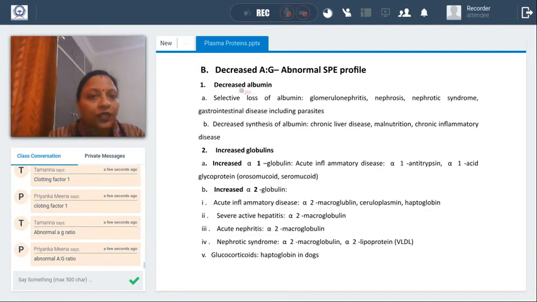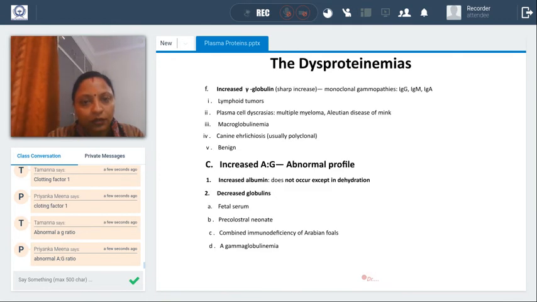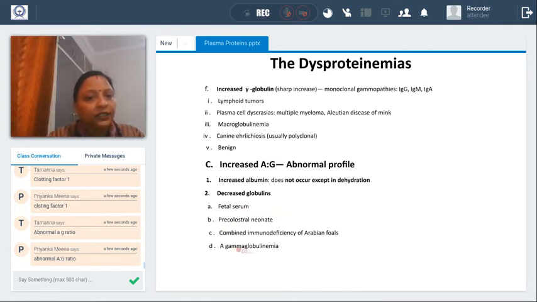So decreased AG ratio means decreased albumin and increased globulin. It may be alpha 1, alpha 2, beta or gamma. And in the case of increased AG ratio, here albumin is increased except in dehydration, and globulin is decreased in various conditions like fetal serum and agammaglobulinemias.